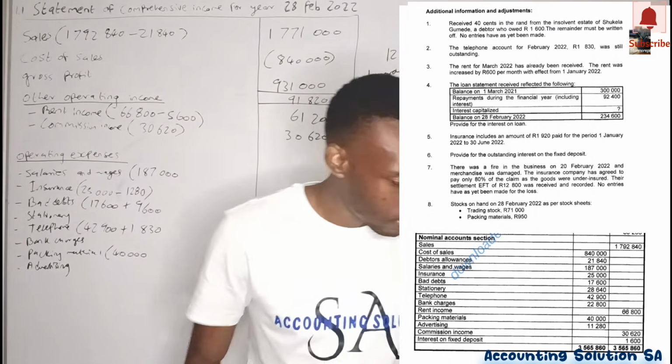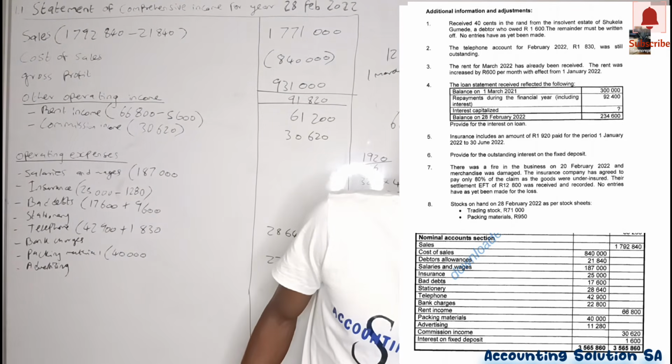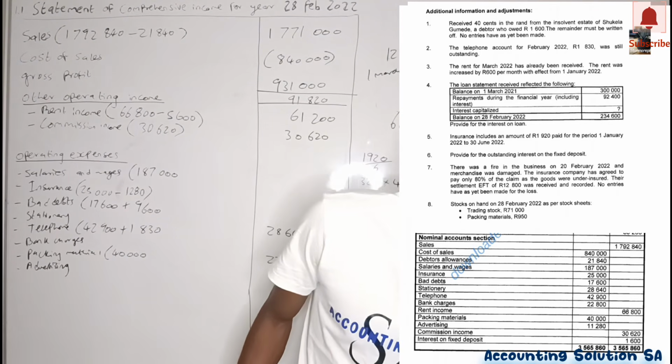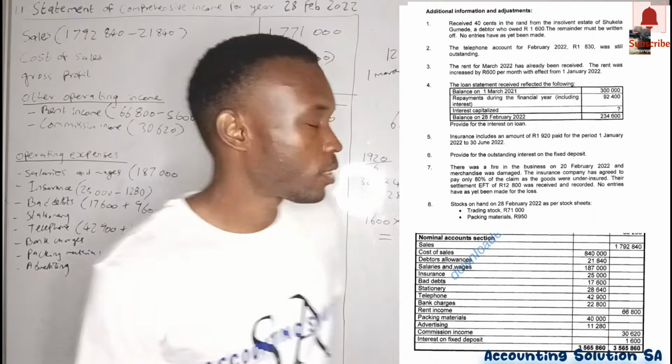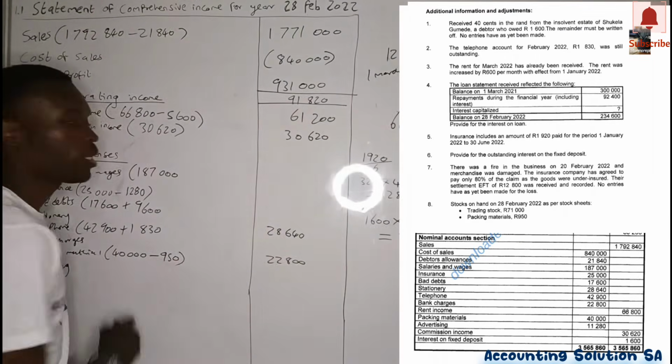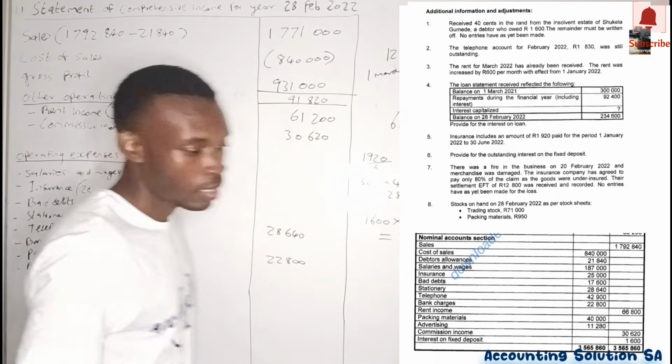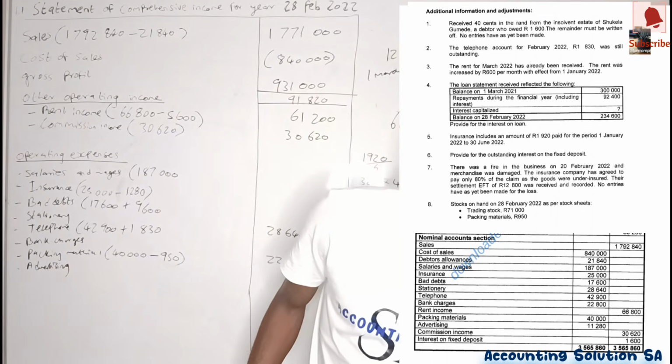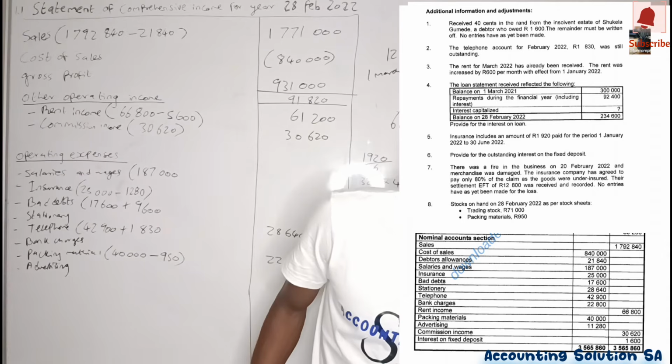The transaction for packing material that we have is a closing balance of 950, which means that we have to go and subtract 950, then we're going to calculate the balance. Okay, then now let's proceed.